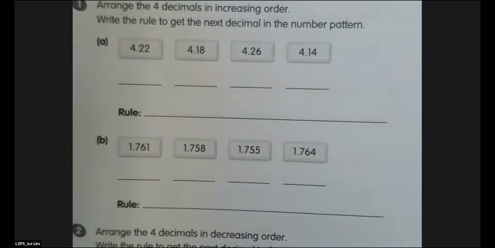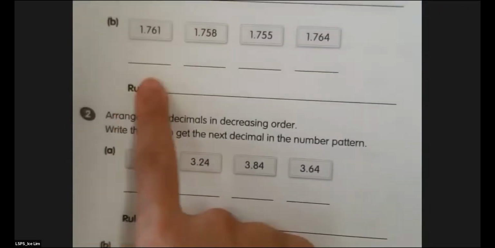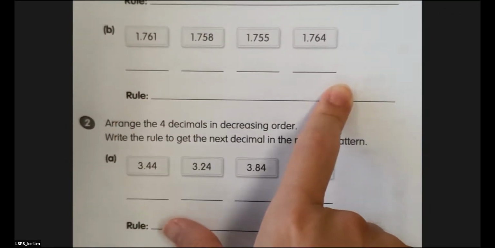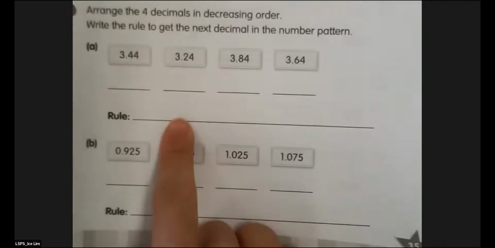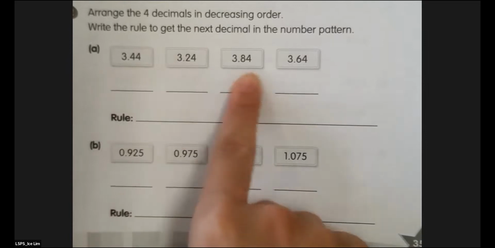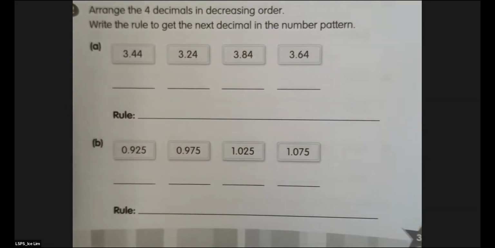For example, in this question, look at simpler examples. This one is simpler. If I say, what is the rule? This is page 35.